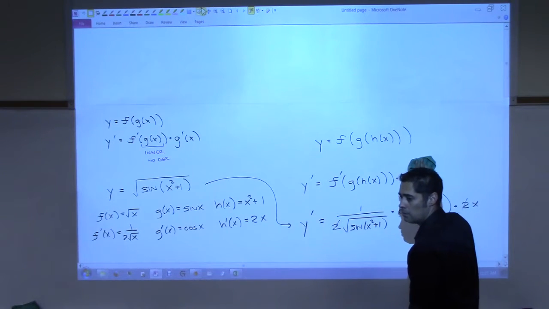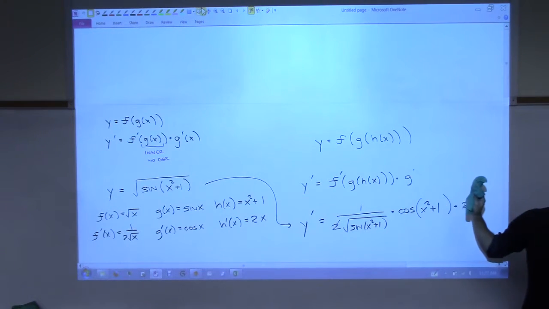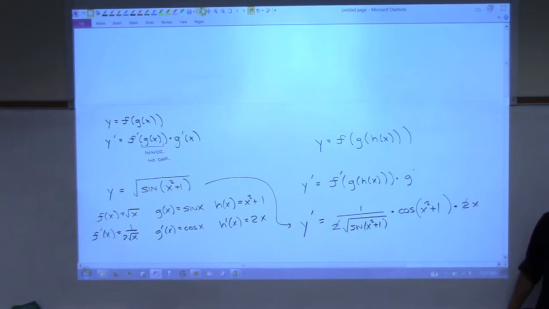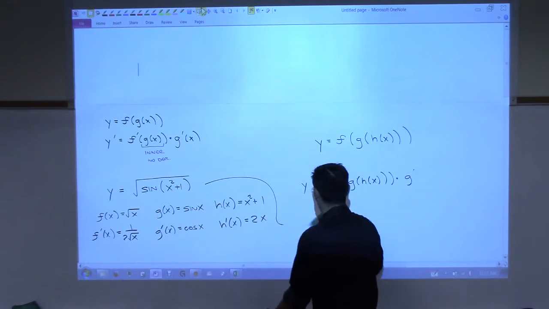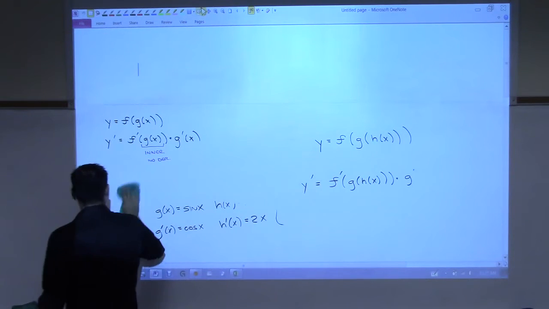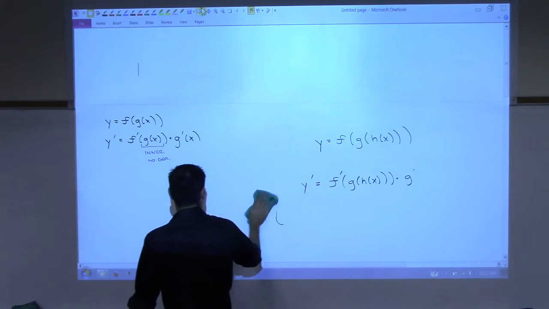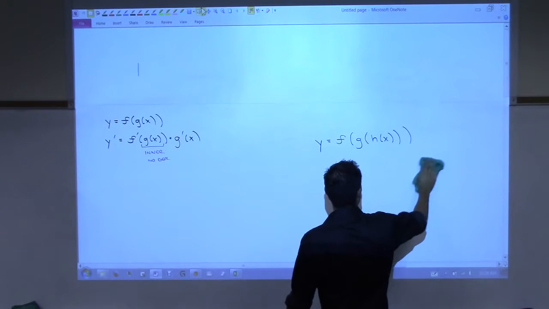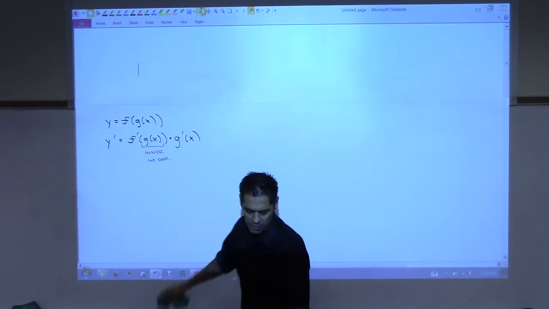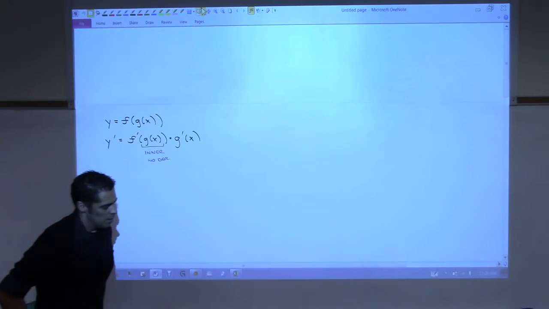So that would be the same as x cosine of x squared plus 1 over the square root of sine of x squared plus 1. Yep, because it's multiplication of fractions. Okay.